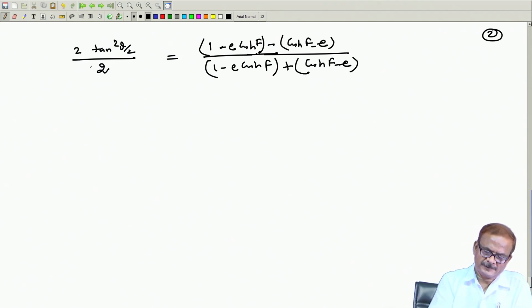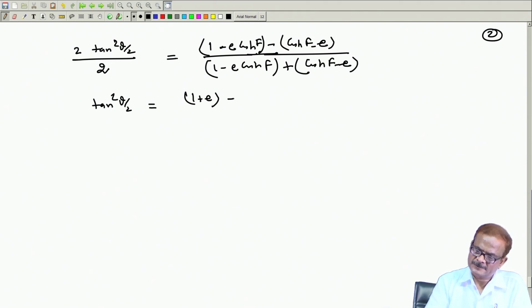This is the right thing now. So, tan square theta by 2, 1 plus e, and then here minus sign, if we take it outside. So, this is 1 minus e, 1 plus e cos hyperbolic f.